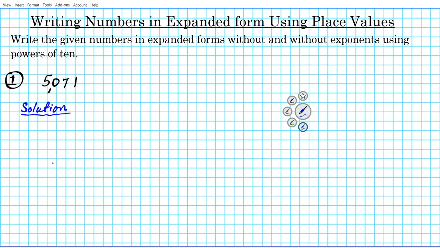Alright, so what we're going to do is identify the place value of each of the non-zero digits of this number, 5071. Applying what we went over in section 1.2a, the previous video, hopefully we know exactly what our place values are. Right to the left of the decimal point, we have the ones place.